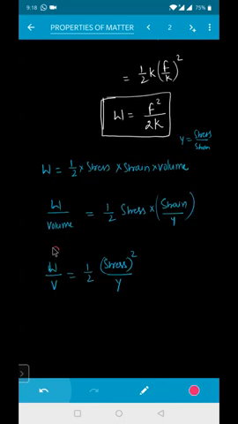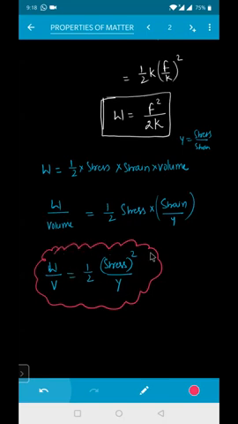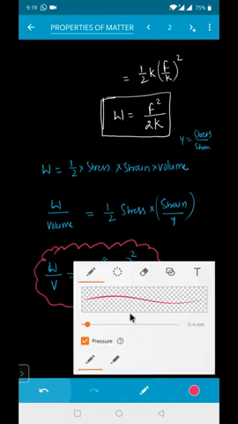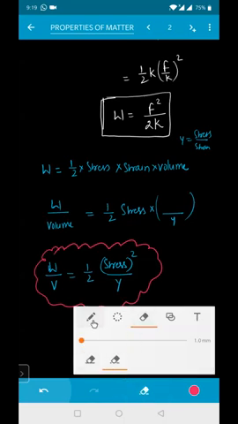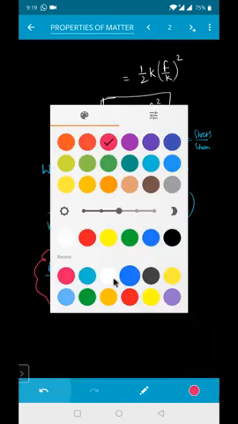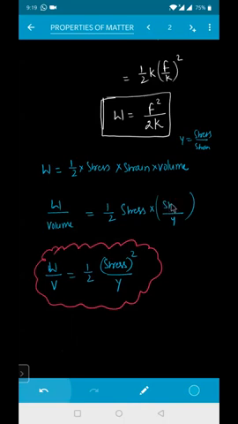Sir, by mistake you wrote strain by Y. Yeah, this one is stress, sorry, not strain. So work done per unit volume is equal to half into stress whole square divided by Young's modulus. Is it clear? Yes, sir.